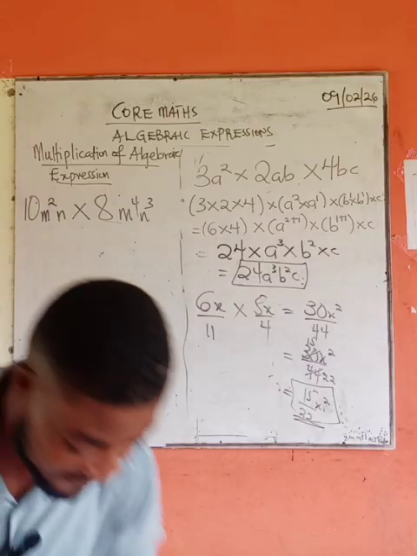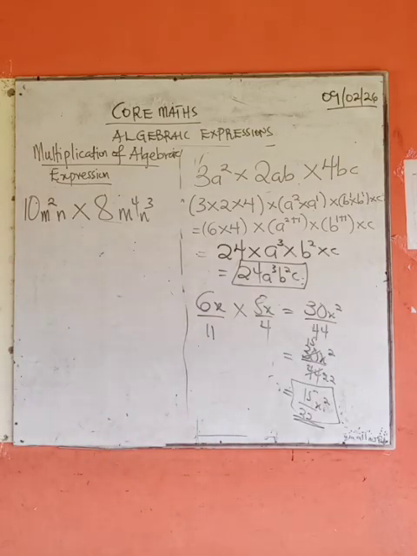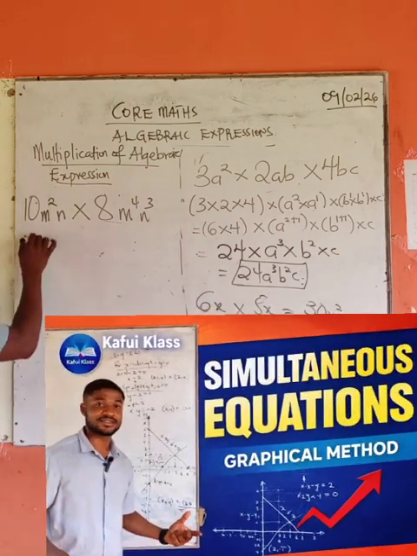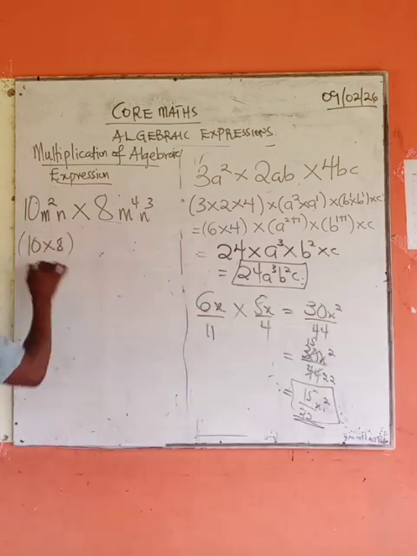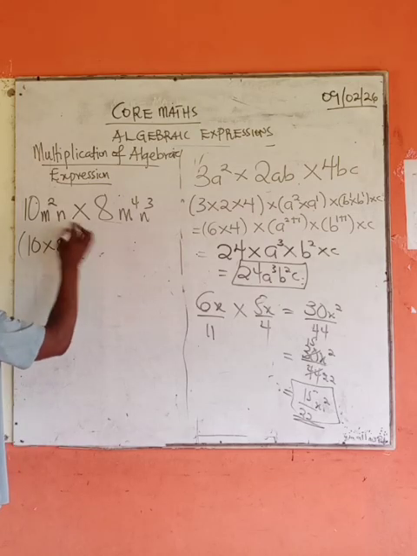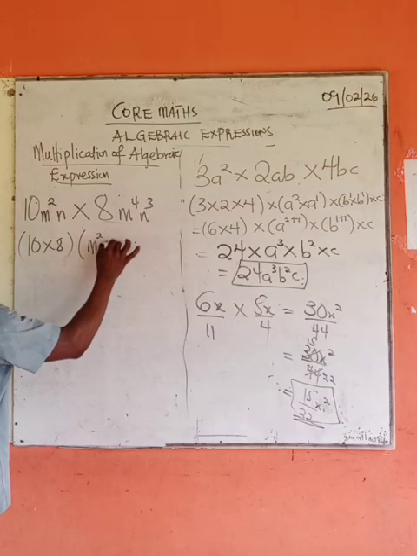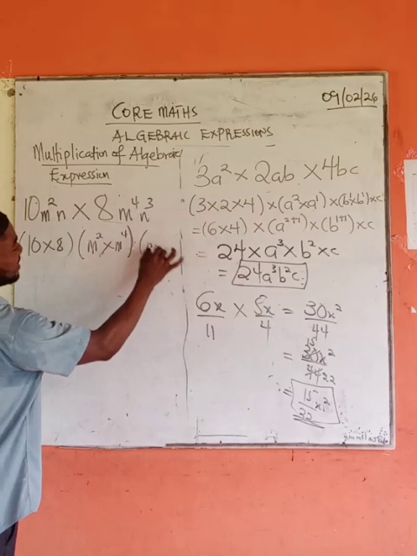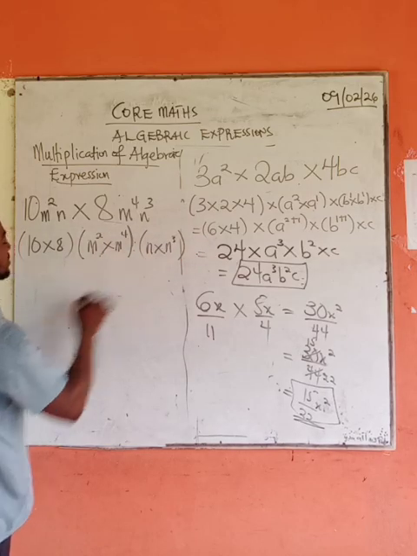All right, so I have 10m squared n times 8m power 4 n power 3. So I multiply my 10 by my 8, and then also I have my brackets, m squared by m power 4, another bracket, n times n power 3.